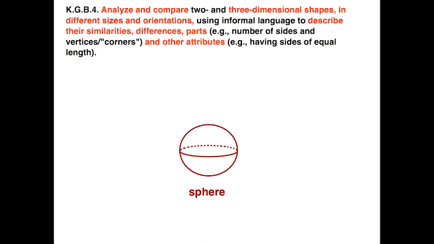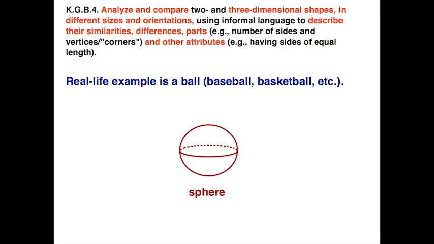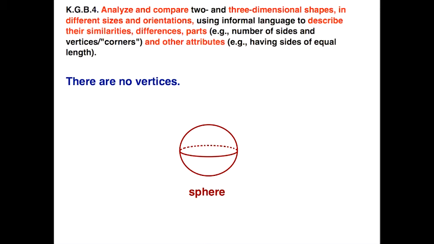Now let's look at a sphere. A real-life example would be a ball, such as a basketball or a baseball. There are no vertices. There are no faces. Although in pure mathematics, you do have lateral surface area, and some mathematicians do consider that a face.